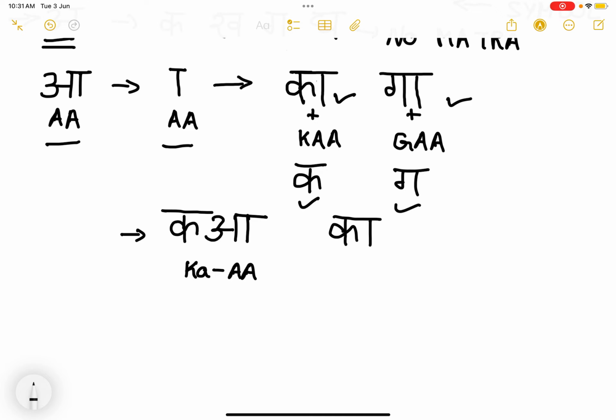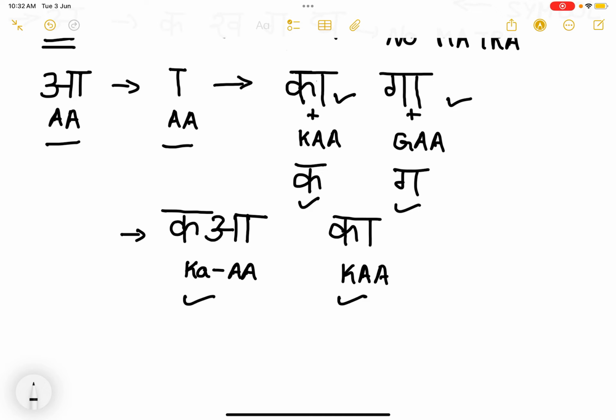You notice that the sounds here do not join in one syllable. Both ka and aa are independent letters and they are pronounced independently. Whereas when you put a matra after ka, it becomes one sound. Kaa. So this one is ka aa, and this one is kaa. That's why matras are needed.